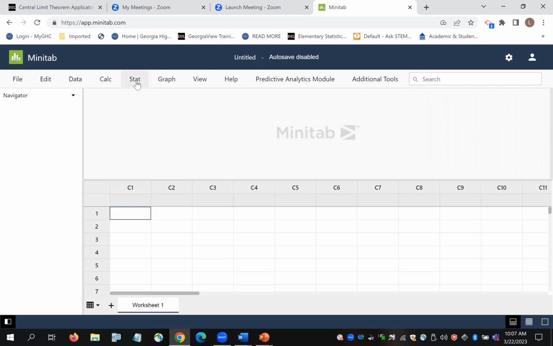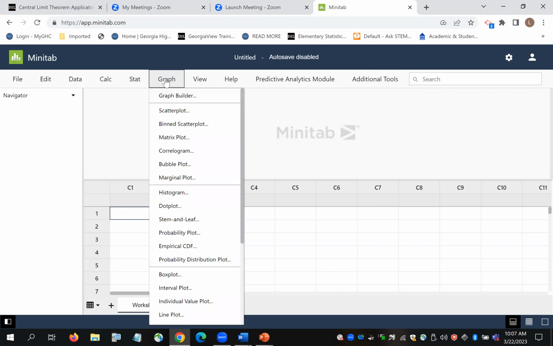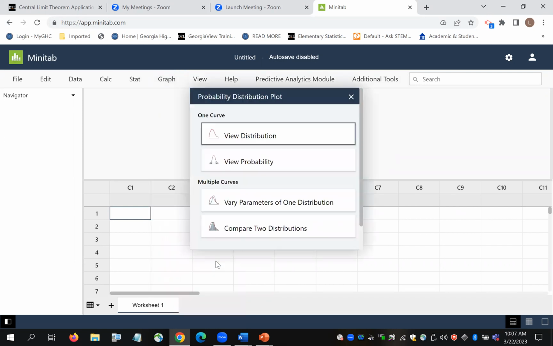So if you'll recall, that is stat. No, wait, excuse me, sorry. Graph, probability distribution plot. We have one curve, and we want to view the probability. You have to double click.